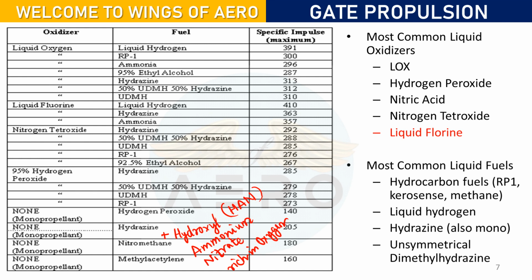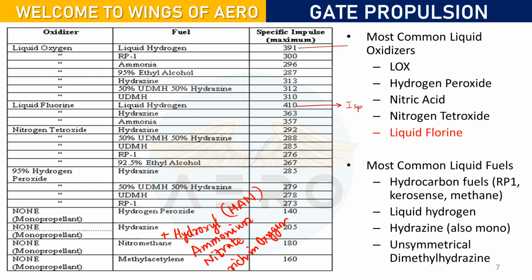First, I can rank here liquid fluorine as oxidizer and liquid hydrogen as fuel as serving the highest specific impulse. The second highest we can pick, I think, is the combination most widely used, liquid oxygen and liquid hydrogen.